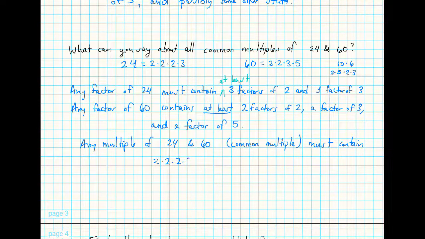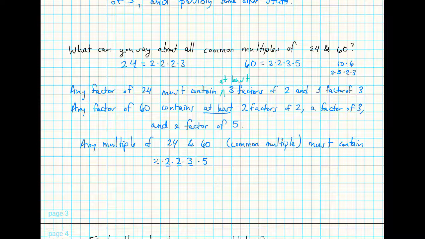In order to be a multiple of 60, it has to have 2 factors of 2 and a factor of 3 and a factor of 5. Well, we've already written down 2 factors of 2 and a factor of 3, and we can write a factor of 5. Okay? And so this basically covers all of 24.